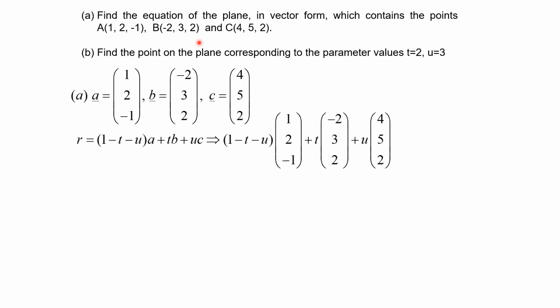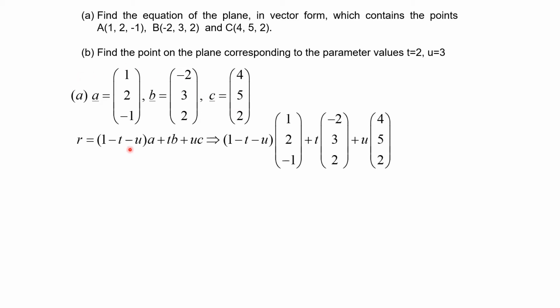You can simply assume vector OA is A minus O, and we labeled it as vector A here. So A minus O, you will get 1, 2, negative 1 respectively. Same goes with vector OB is B minus O and vector OC is C minus O respectively.